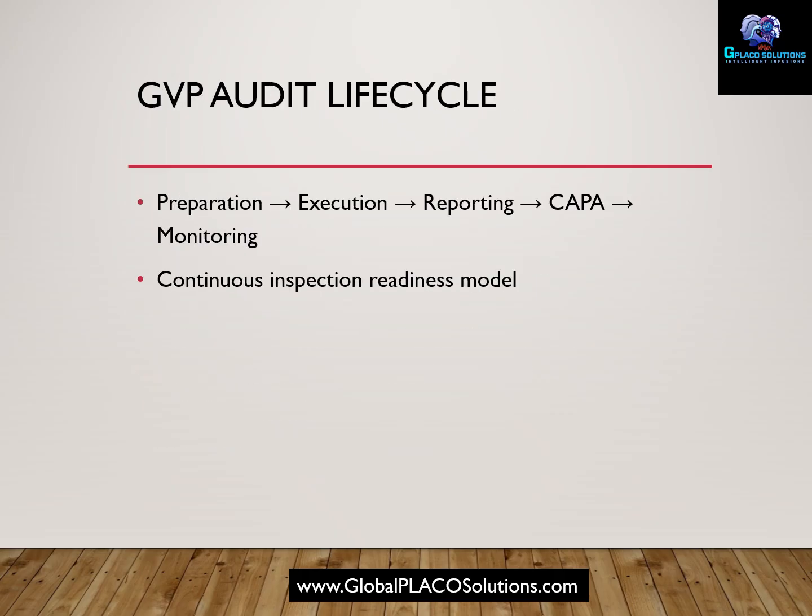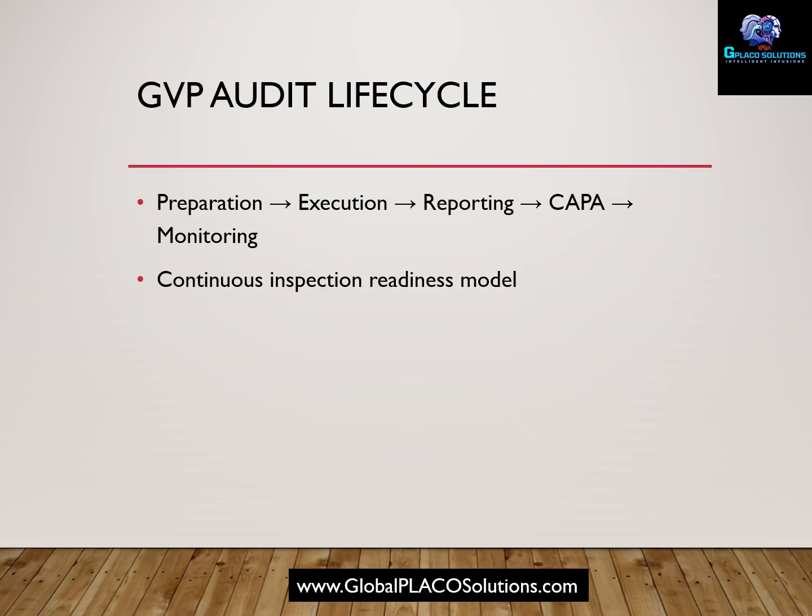Let us understand the GVP audit life cycle. So many of them don't know that the audit happens in different stages. The initial stage is the preparation, then execution, then reporting, CAPAs and monitoring.